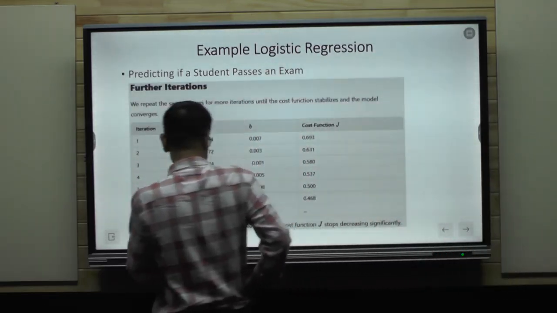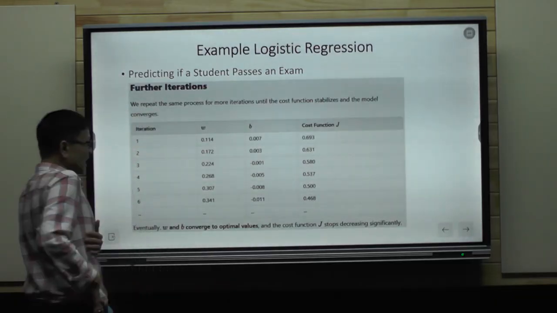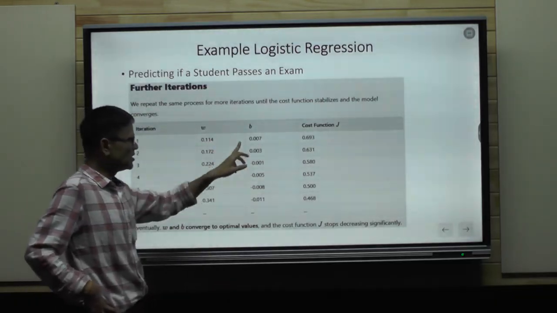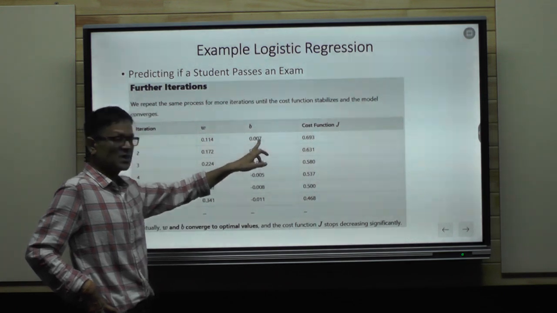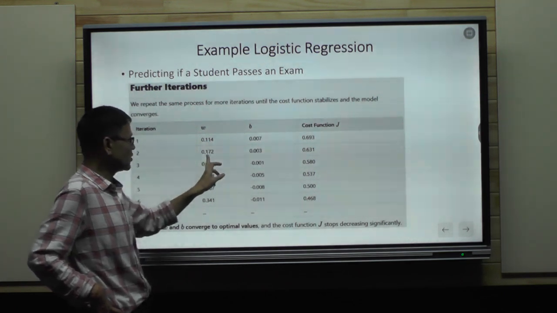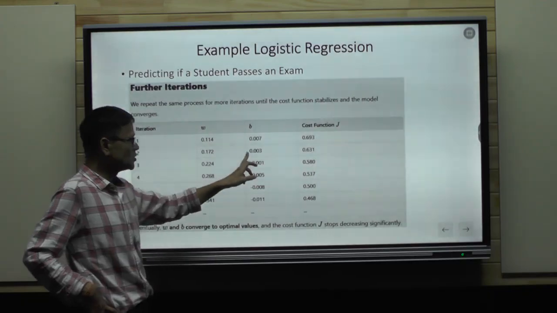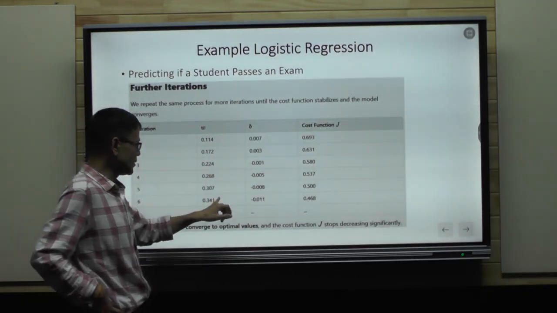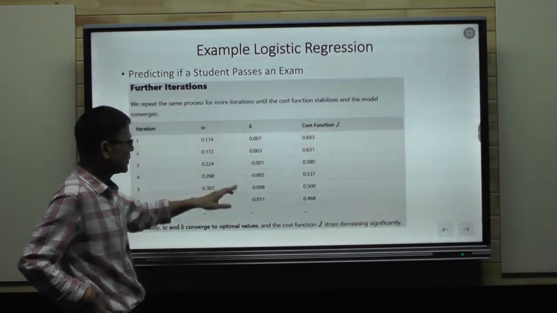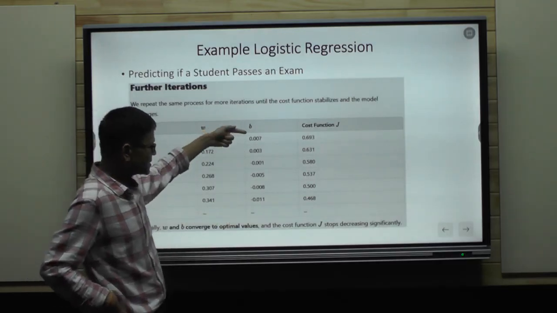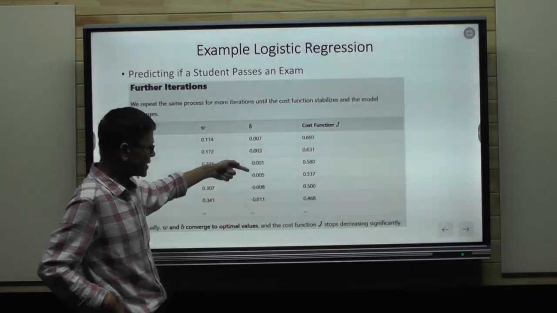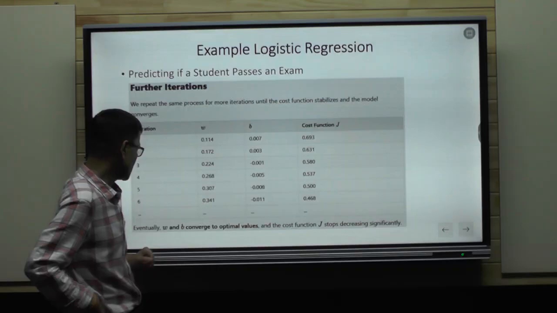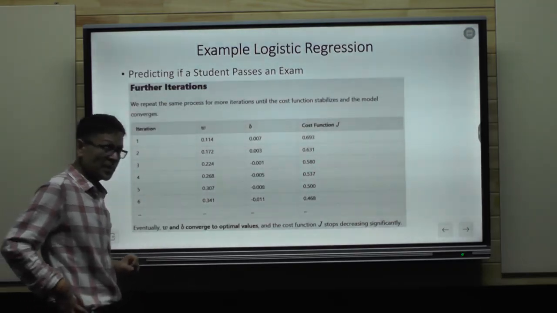You see that we started from 1.14 and 0.057, then we have 0.12, 0.03, and slowly W stabilizes. The bias starts from positive, goes to slightly negative, and then settles.